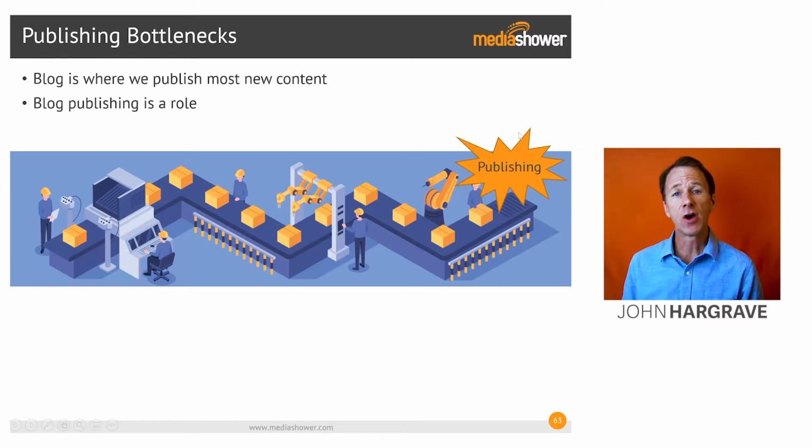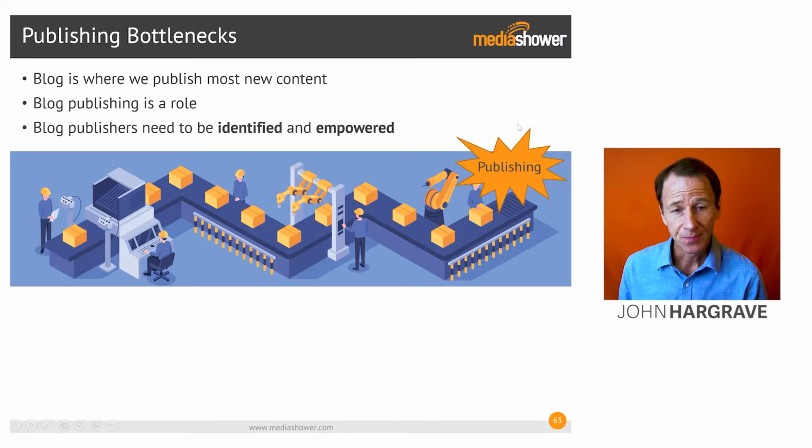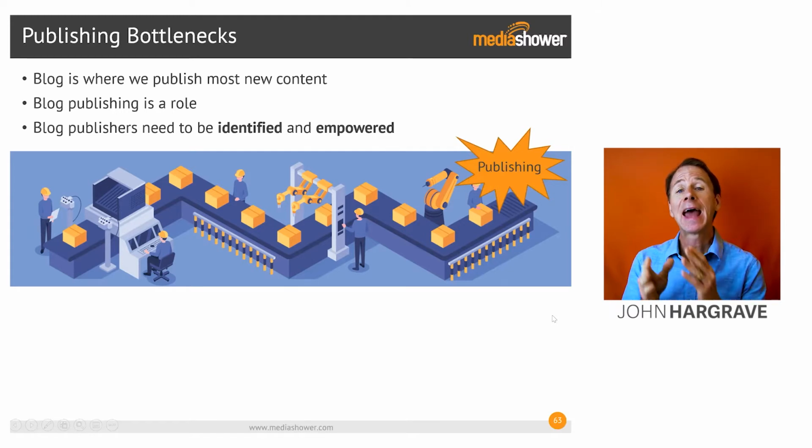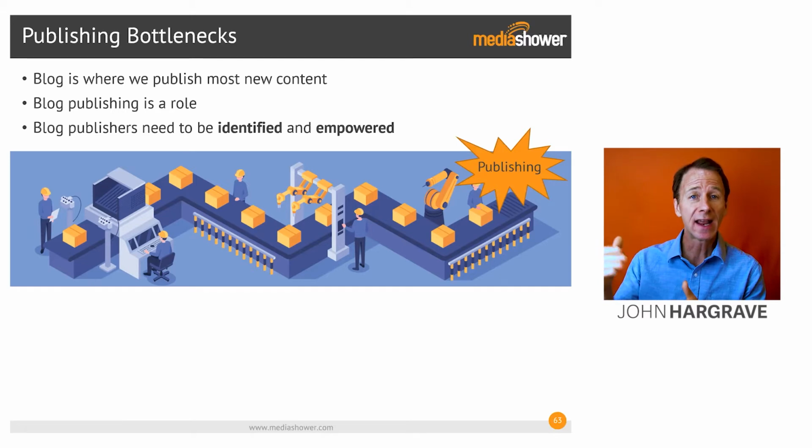See our video on the wrapper. Blog publishers then need to be both identified, we need to have a person who does it, that's their job, and empowered, meaning they have to be able to do it and have the authority to do it.